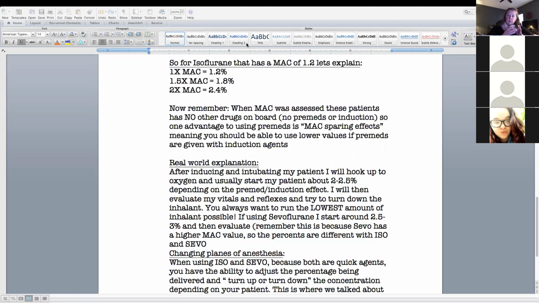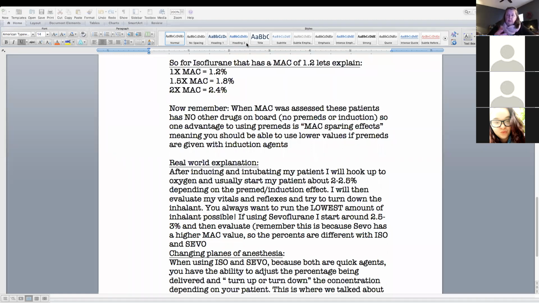It enhances analgesia and it lowers your inhalant. So if I had a patient on halothane that I was trying to lower the amount of halothane, but I was having trouble, I could add in a little nitrous and it would help enhance analgesia.